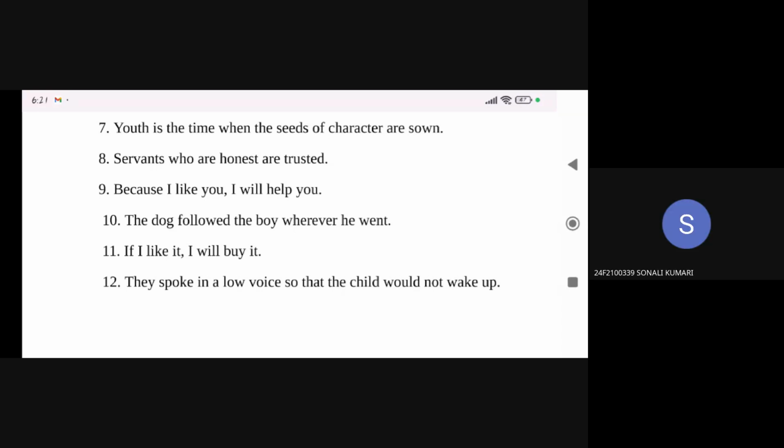Number nine, which clause is this? Adverbial. The eleventh, if I like it, I will buy it. If I like it, adverbial. They spoke in a low voice so that the child would not wake up.